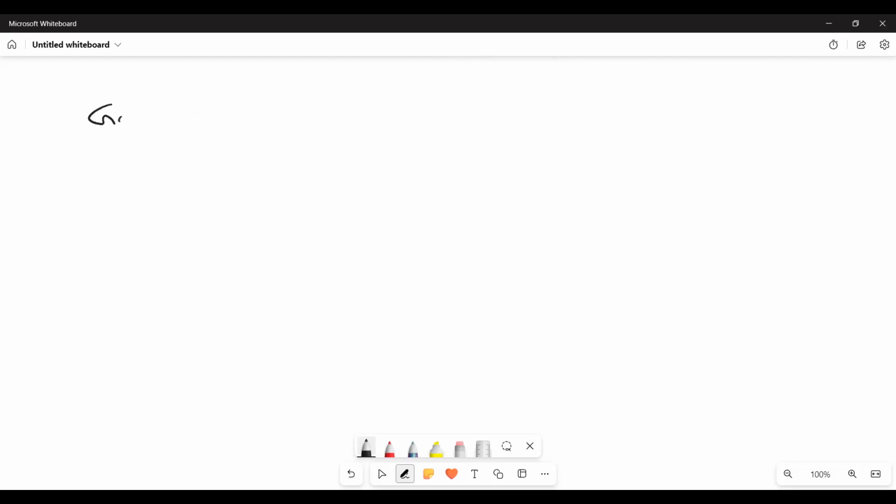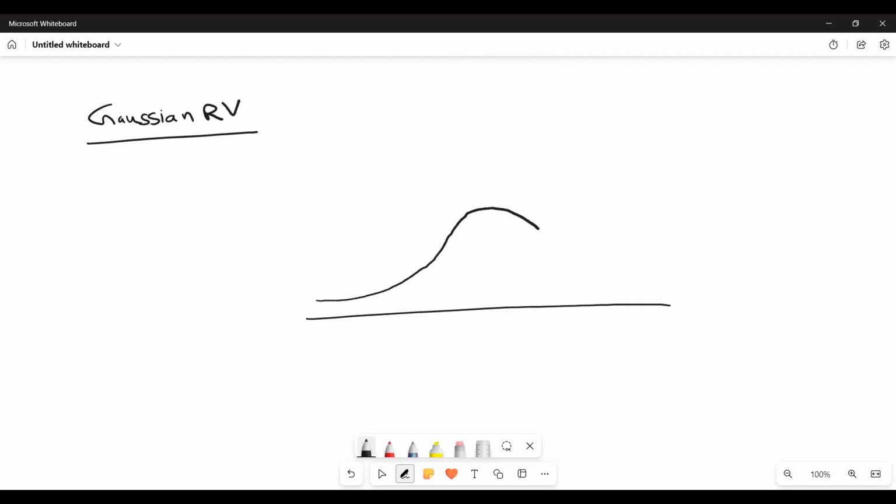We can mathematically model it using the basic equation. I will first draw the Gaussian random variable. I will try to draw this line vertically.